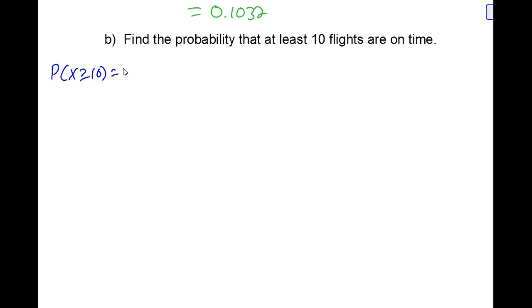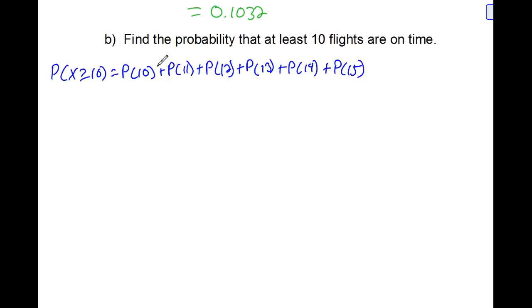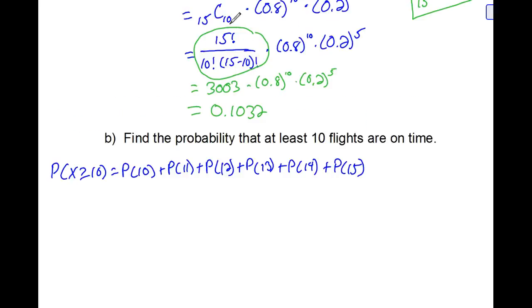So that's looking at the probability of 10 plus the probability of 11 plus the probability of 12 plus the probability of 13 plus the probability of 14 plus the probability of 15 flights being on time. So I actually have to do this calculation right here for each one of these.